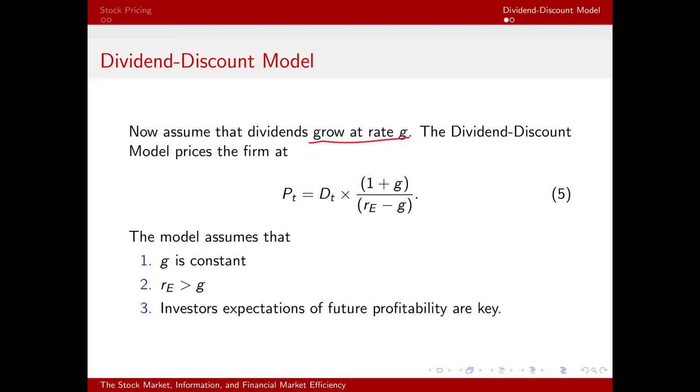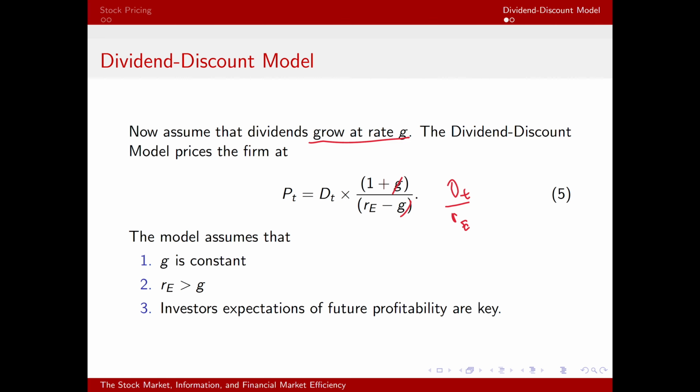But the only additional piece that we need with equation 5 is this growth rate G. And so if G is 0, that we're going to pay out the exact same dividend over time, then this goes to 0 and this goes to 0, and then you just get D_t over R_E.